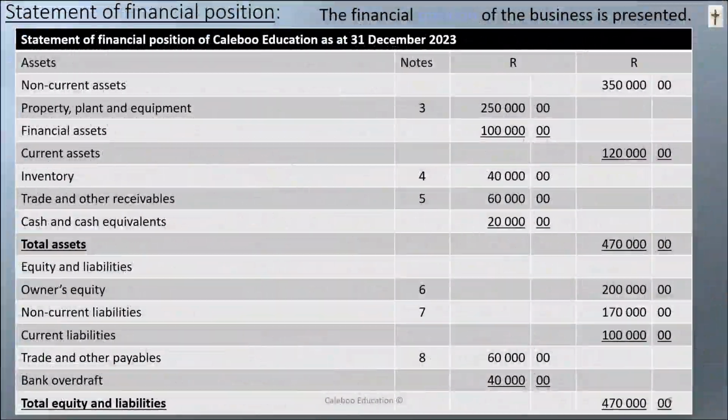After we've drawn up the income statement, what we will draw up is a statement of financial position of Caliboo Education on the last day of the financial year, which in this case is the 31st of December 2023.